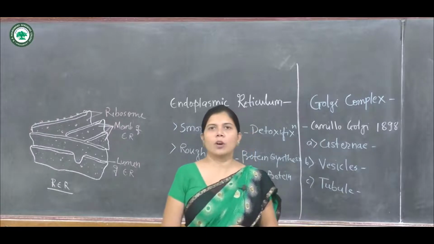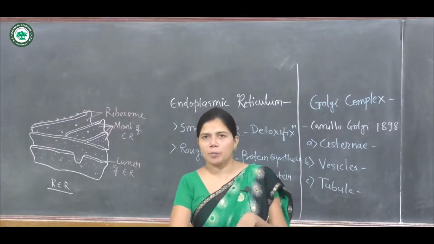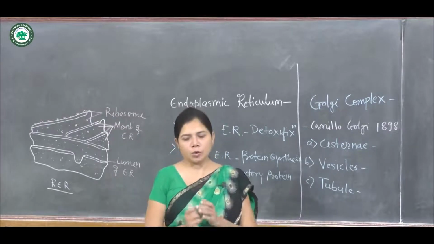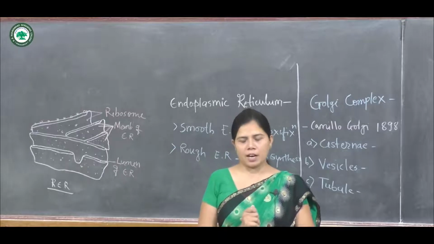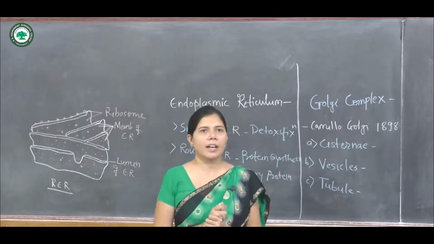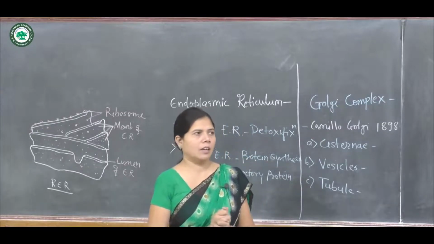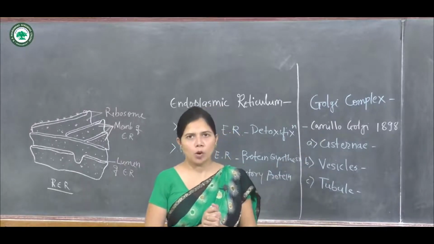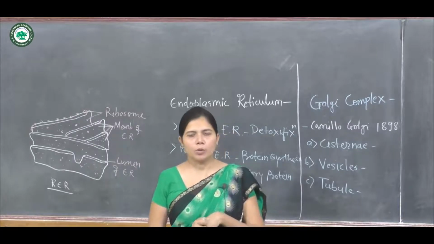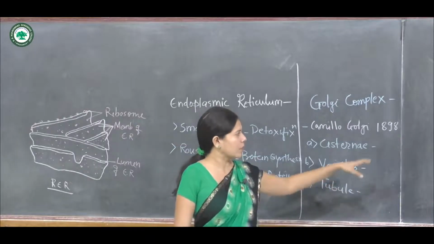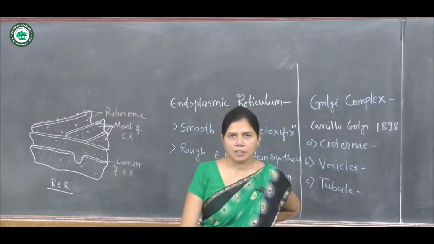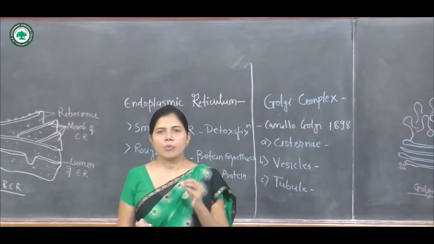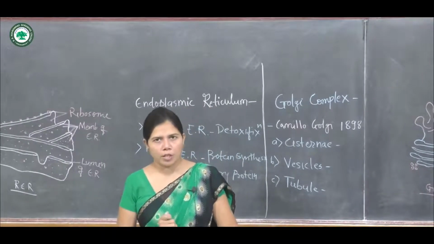It is known as the Golgi complex, Golgi apparatus and Golgi bodies because it was first described by the neurologist Camillo Golgi in 1898, and that is why this organelle present in the cell was given his name. It was first found in the nerve cell.